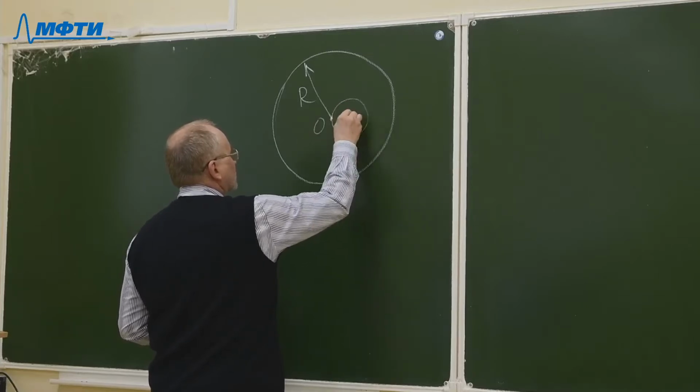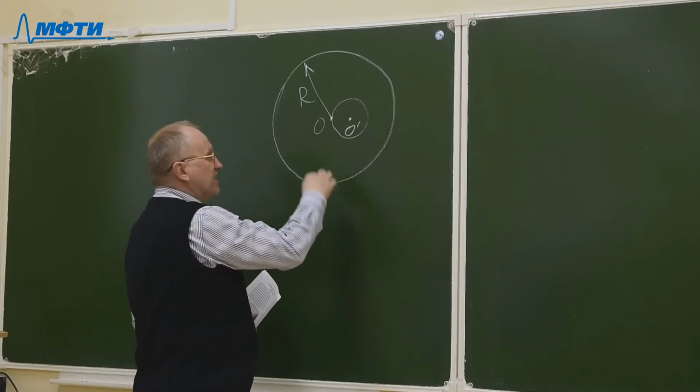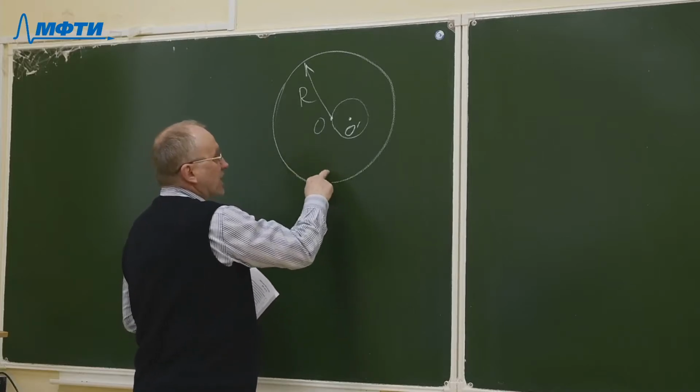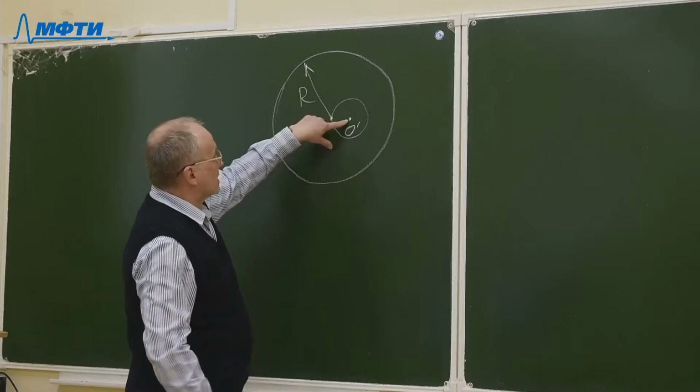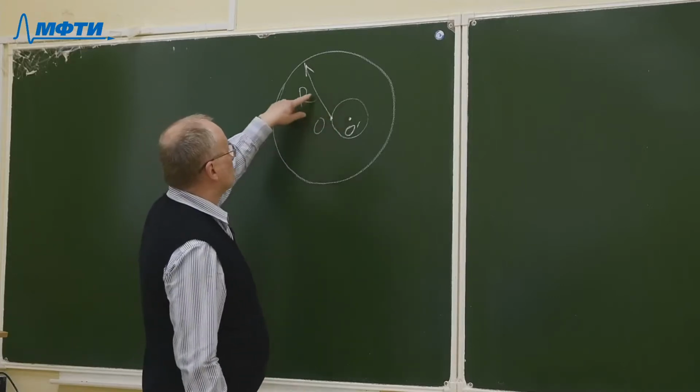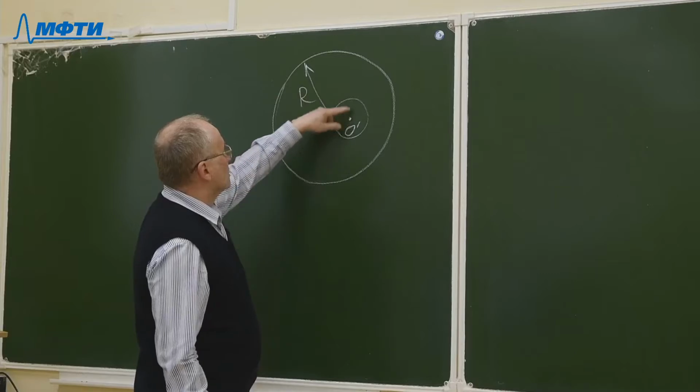And this axis of rotation O prime is fixed on the large disk. So when the large disk rotates, the axis O prime also moves along its own circular trajectory.